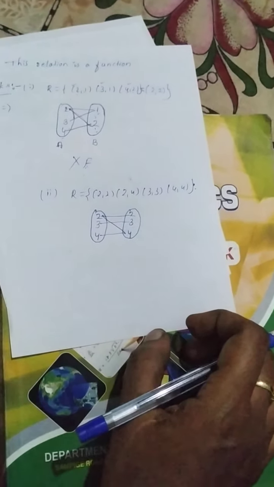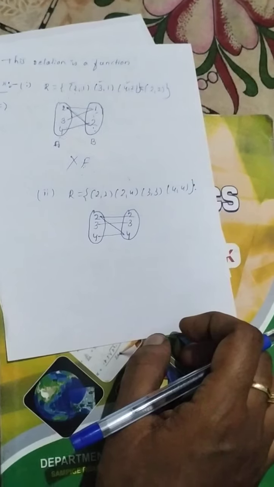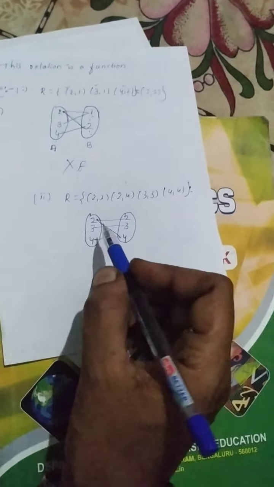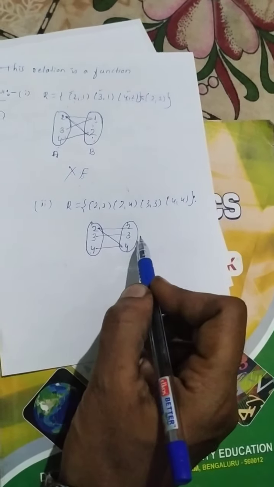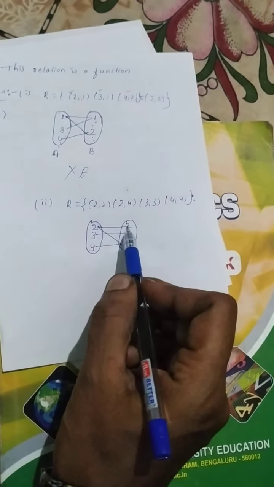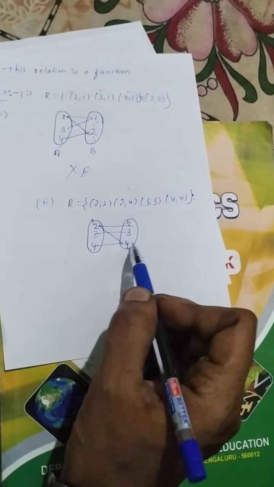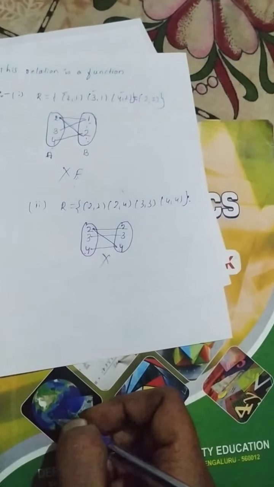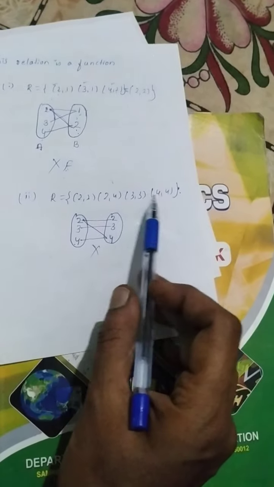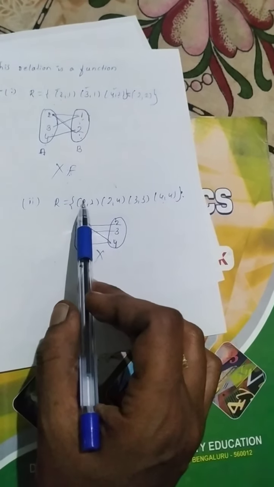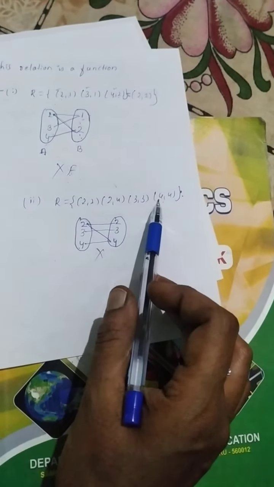So can we say that this is a function? No, this is not a function. For each and every element of set A there is an image, but for this element we have two different images in B. In that case, this is not a function. That means when the relation is ordered pairs, you need to check the first element of each ordered pair.